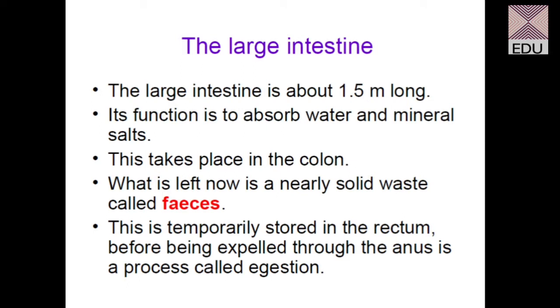So there is again ambiguity. There is a term which is called excretion, and there is a term which is called egestion. There is a big difference between the two. Here we are using egestion as the term. Egestion is the removal of the solid waste products from the alimentary canal, from the anus.